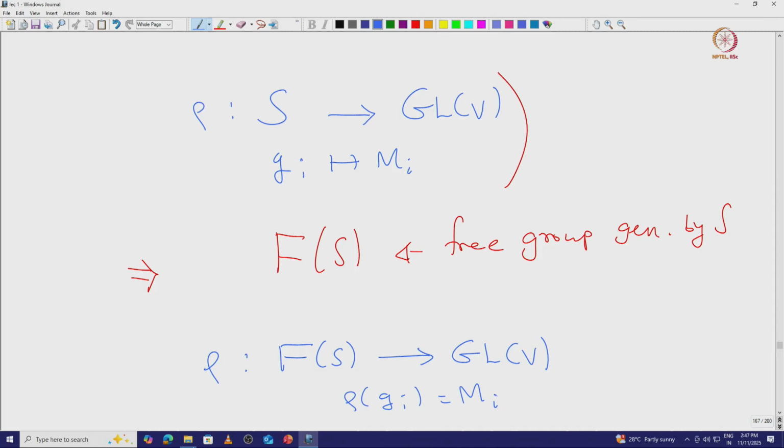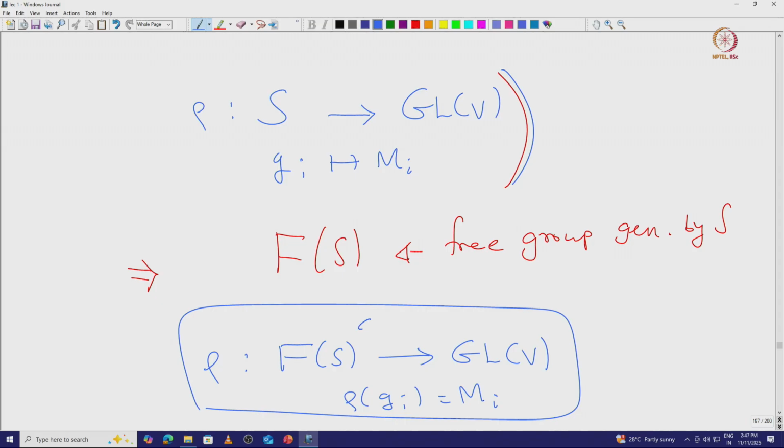The same map that we had here can be extended to a group homomorphism here. This is guaranteed, and this is just a set map.